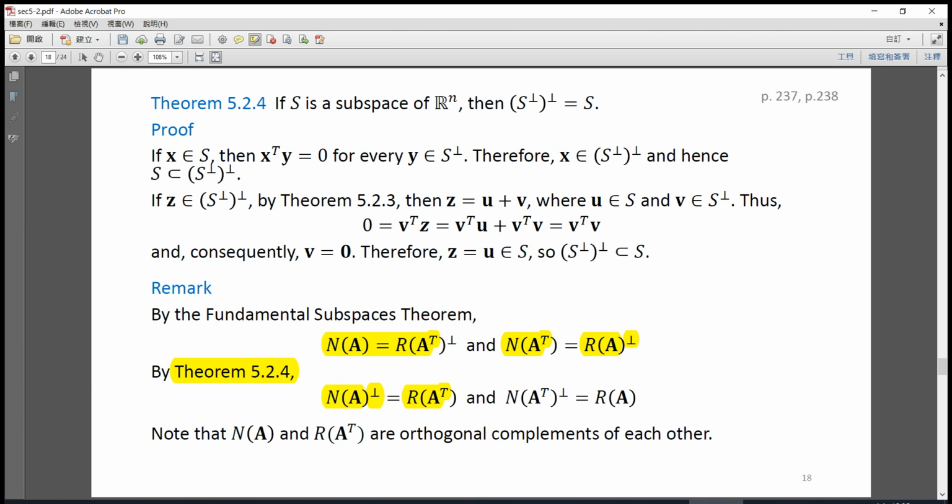And similarly we obtain the perp of the null space of A transpose equals the column space of A, because the perp of R(A) equals R(A).